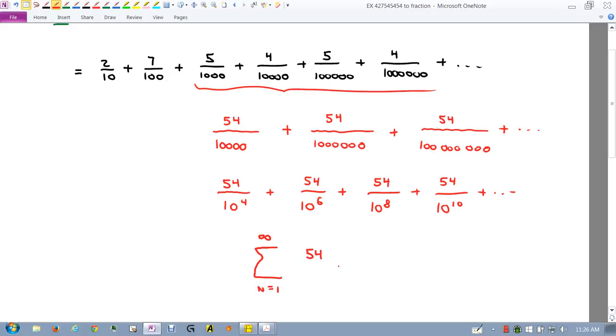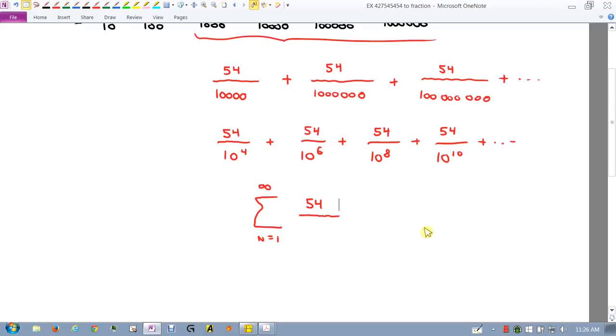And then the denominators are powers of 10, starting with what? 4 and then 6, 8, 10. So I need to count even numbers starting at 4. How can I count even numbers starting at 4? 2n plus 2. So 10 to the 2n plus 2. Everyone agree that that would be the rest of it?